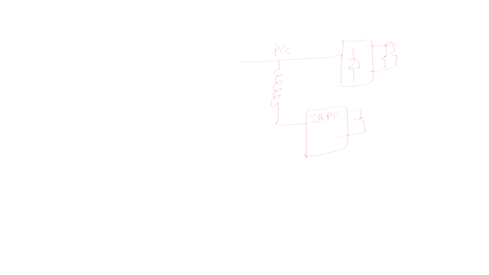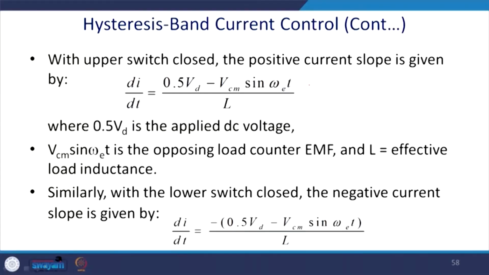So, once this switch is on, this pole of the voltage is VDC by 2 or VDC, depending on the kind of topology being used, and this point is varying sinusoidally. So, this point will be Vm sin omega t and you require to inject current. Since there is an instantaneous difference between the pole of the inverter and the PCC, we require to use the inductor, as shown here.